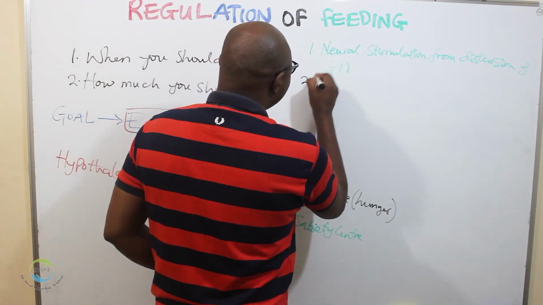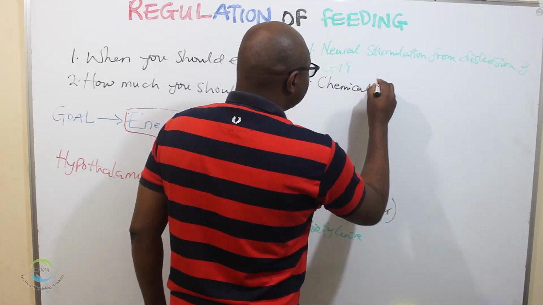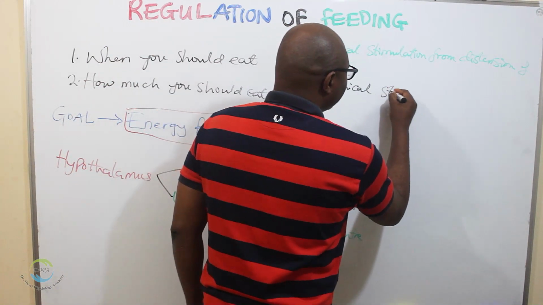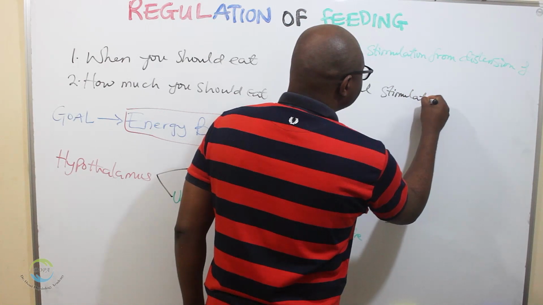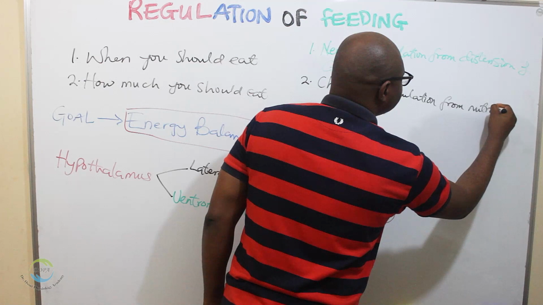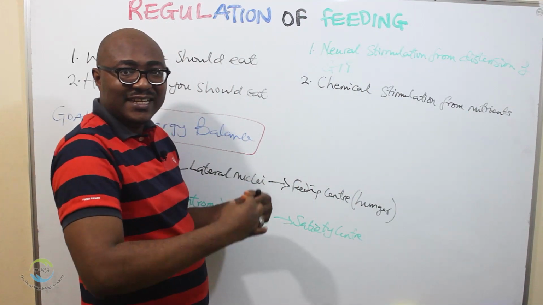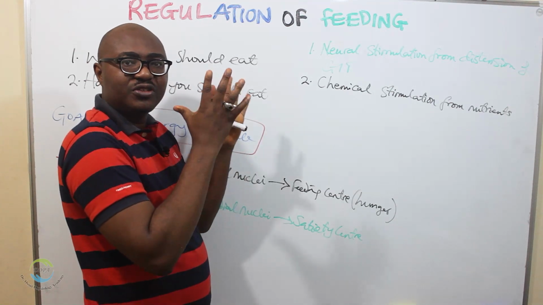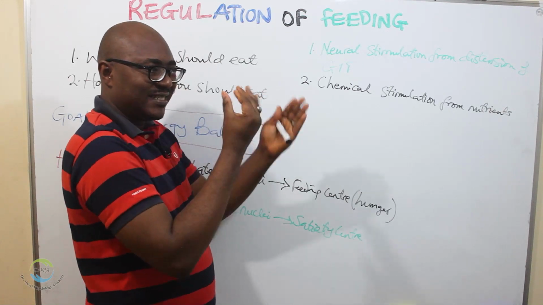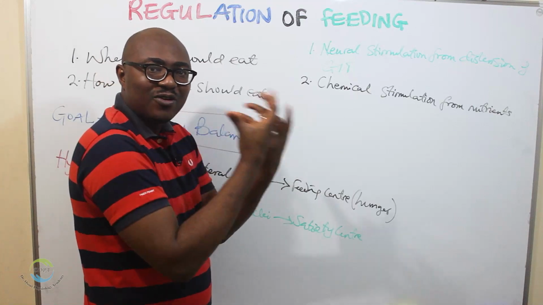Another one is chemical stimulation from nutrients that come from food. Immediately your food is digested and absorbed, those nutrients enter your bloodstream, and the hypothalamus detects that you have enough glucose and enough amino acids.